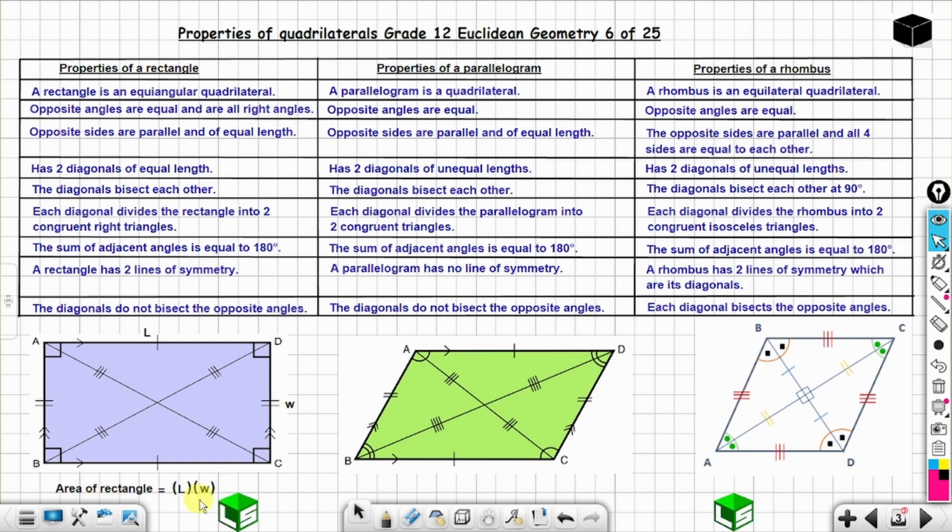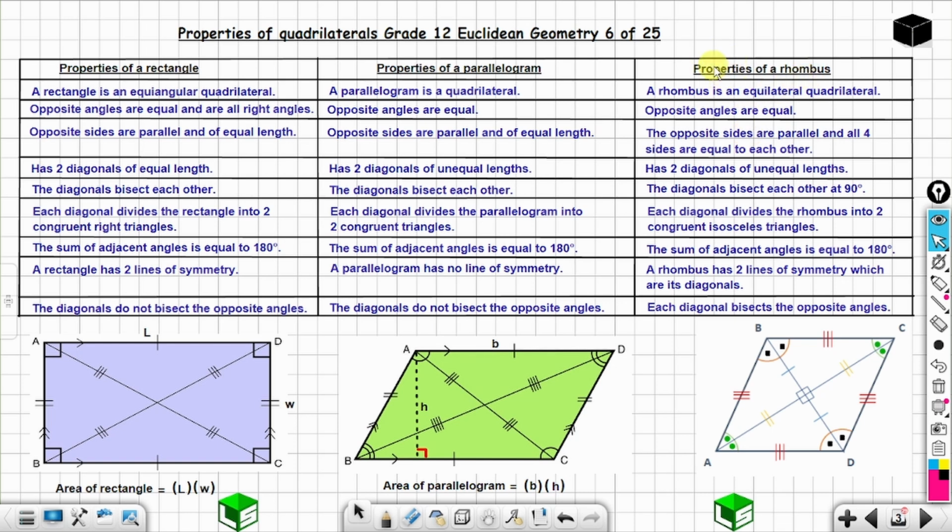Okay, you know this. And for the area of a parallelogram, if we call this B and you have your height h, the height is perpendicular to this side or perpendicular to this side. The area is going to be B times h.